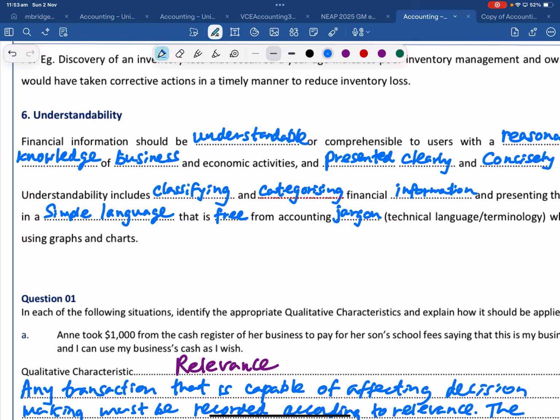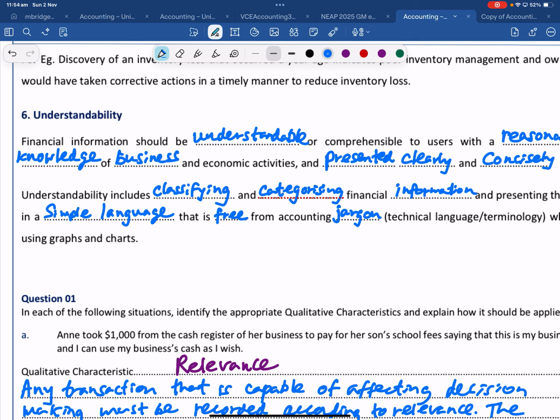Understandability is also saying that we can classify. Classify means what? We are classifying assets into current and non-current. That's the classification. Categorizing, we are putting assets separately, liabilities separately, and we use simple language, and we don't use jargon.